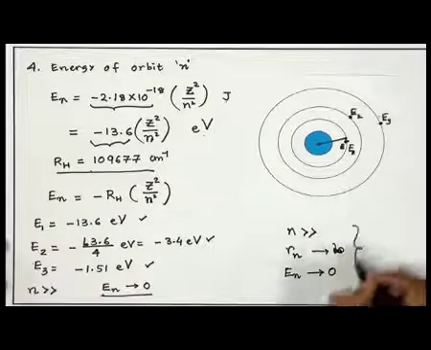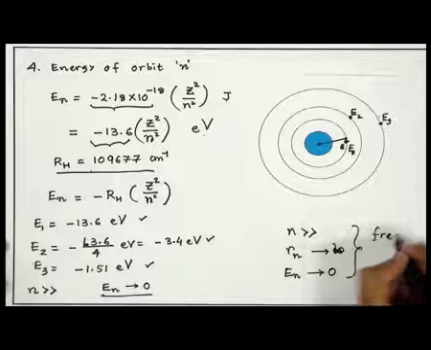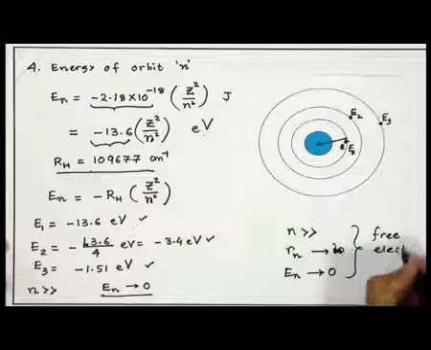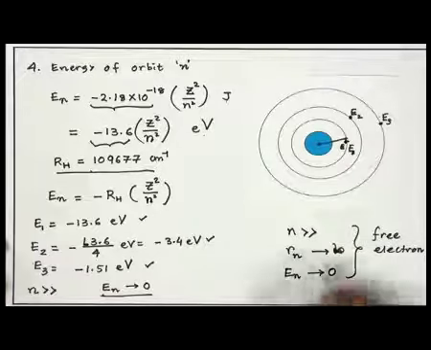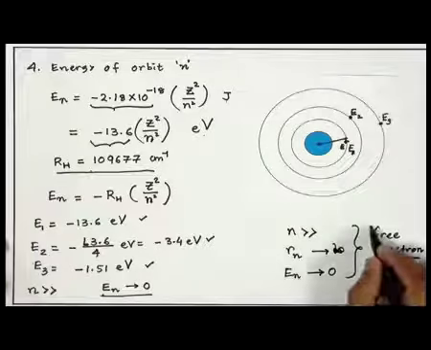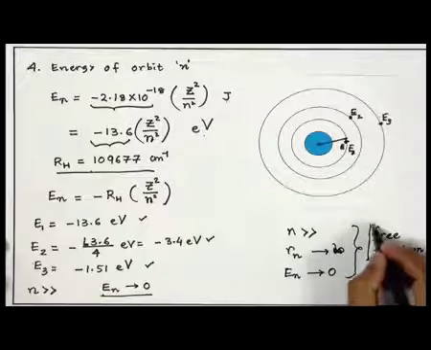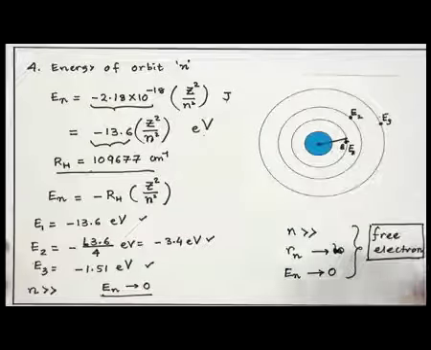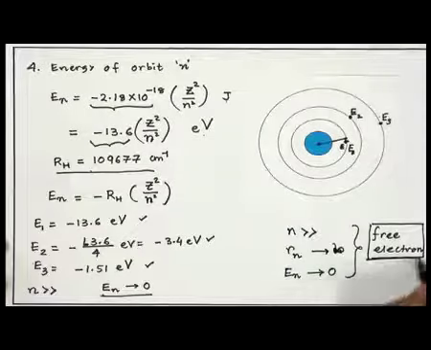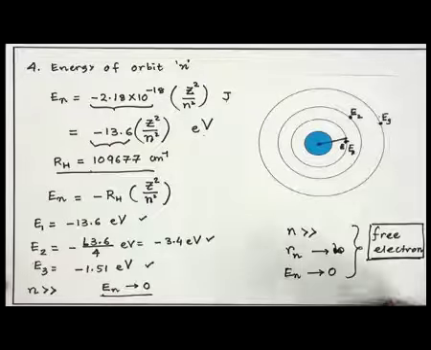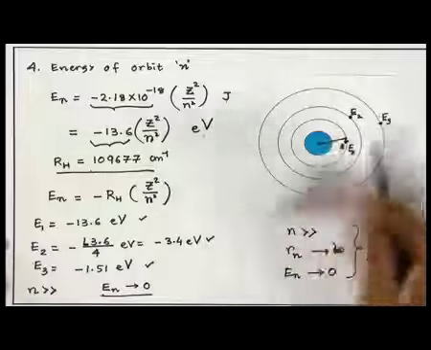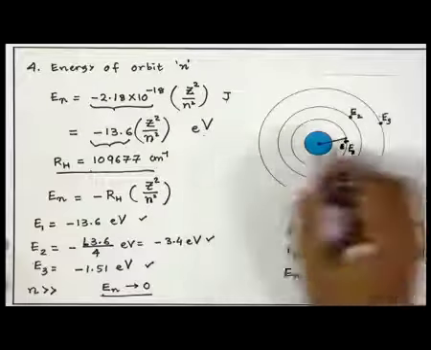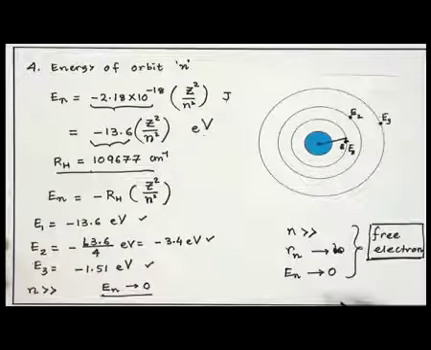This is a state we call a free electron. The electron has completely escaped the field of the nucleus and it is moving freely. It has no connection with the nucleus anymore. So, the atom is said to be ionized, as the electron has completely left the sphere of influence of the nucleus.